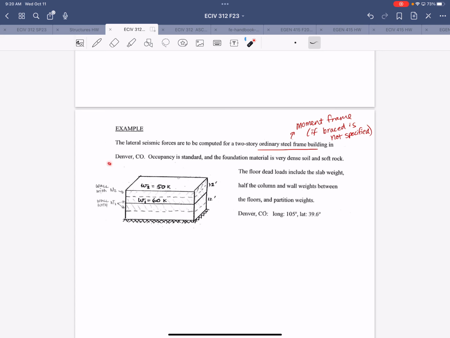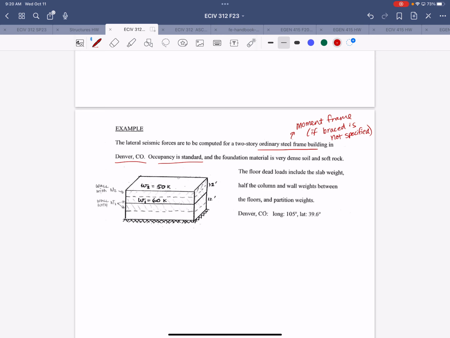So this is supposed to be located in Denver, Colorado. The occupancy is standard, all right? So a standard occupancy, what will that be relevant for? What information does that tell us? Yeah. Risk factor? Yeah, that's going to help us figure out the risk factor by first identifying what the importance factor is, right?